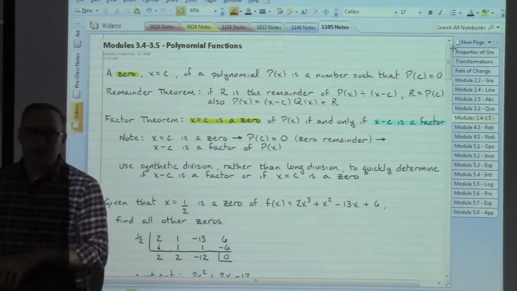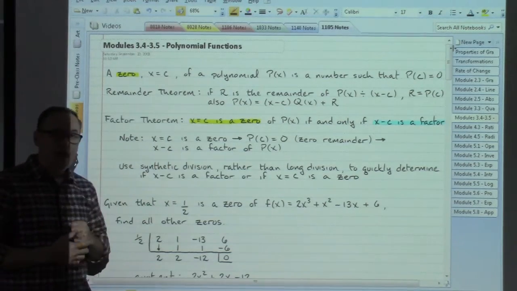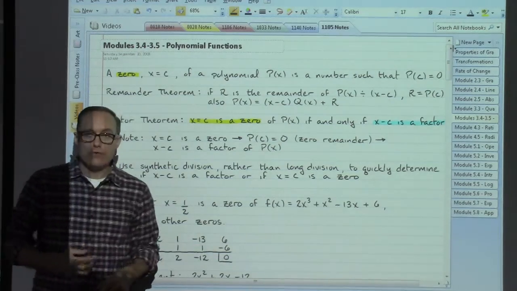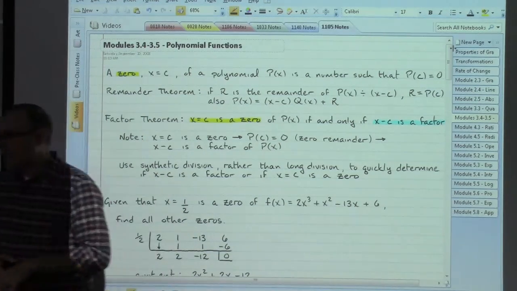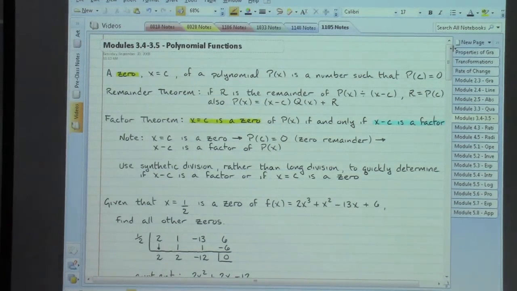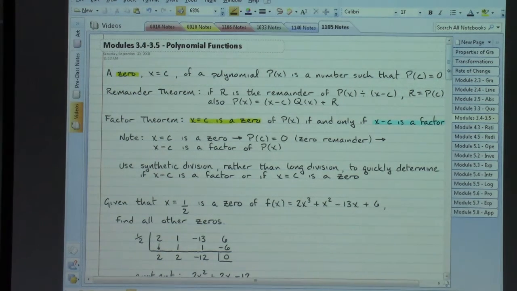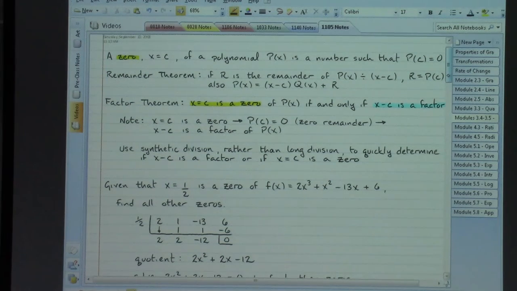That means, again, x minus 1/2 is a factor. They're asking us to find all of the zeros, the ZEROs, though. So we're not so much worried about the factors as we are worried about the ZEROs. That string of numbers at the bottom with the 2, the negative 12, and the remainder of 0 mean that the 2, 2, and the negative 12 give us our quotient.